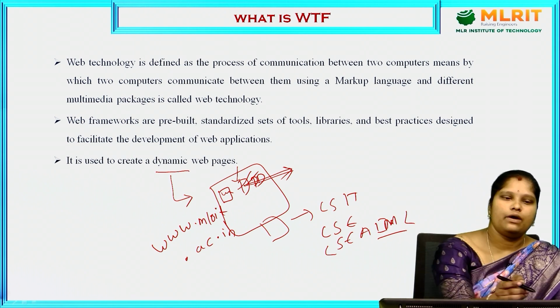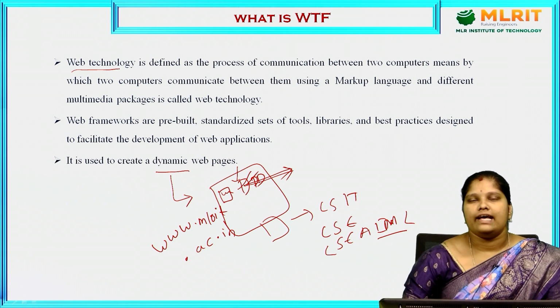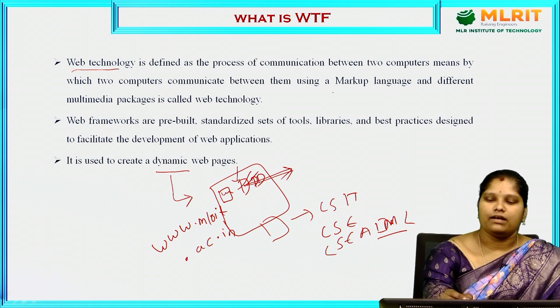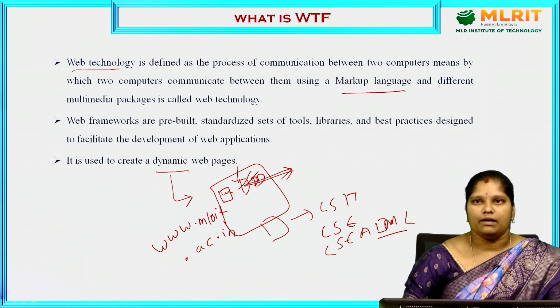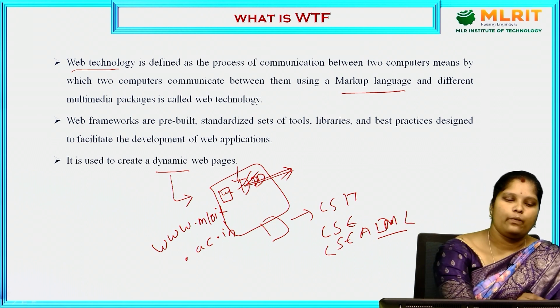And what is web technology? Web technology is defined as the process of communication between two computers using a markup language, right? Markup language is nothing but HTML, CSS and JavaScript, right? And what is a web framework?